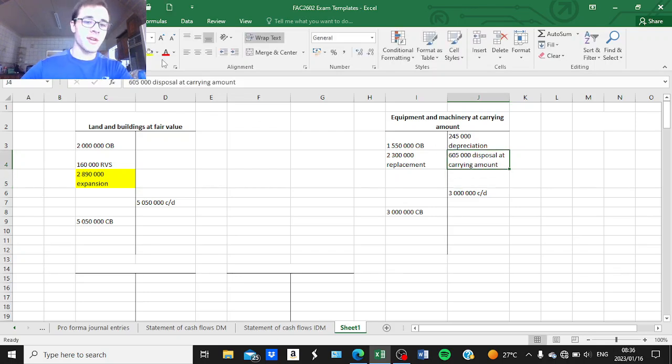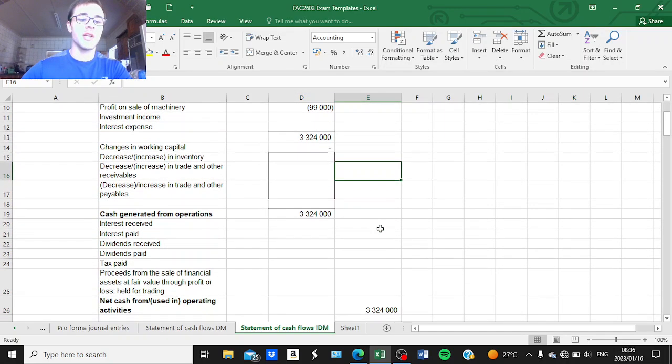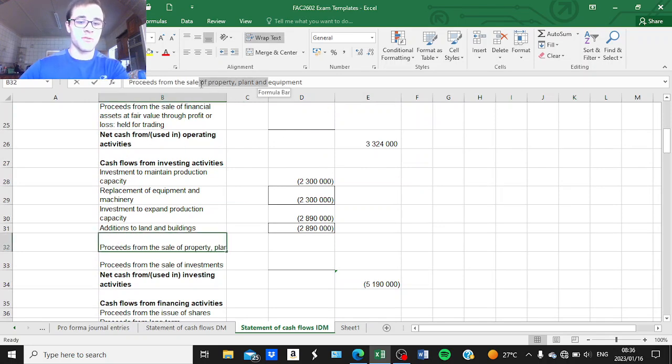So in order for us to calculate the proceeds on the date of sale in the investing activity section, because it was an actual cash flow that occurred during the year, we will need, let me just correct this, proceeds from the sale of equipment and machinery.